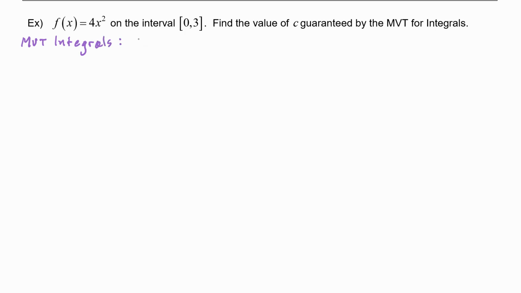We know that means we will find the area under f of x on the interval a to b, and that's going to have to exactly equal the area of a rectangle on that same interval a to b.